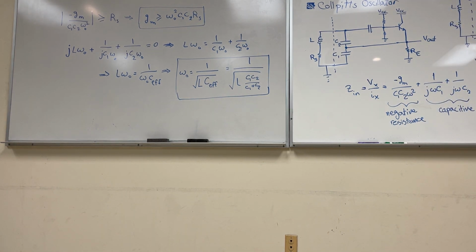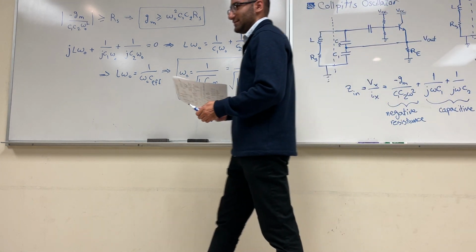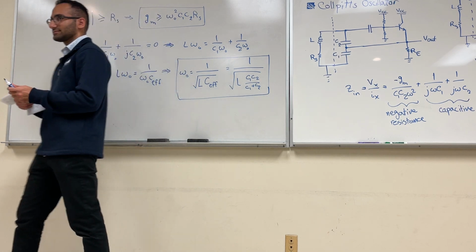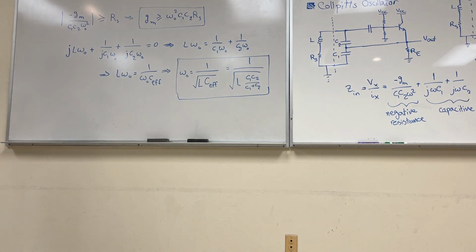So, we're good? I wanted to add on to Caden's question a little bit. Caden, you're right in that if you have a negative GM over that expression that's much greater than your RS, you're going to be adding voltage and it's going to become unstable.